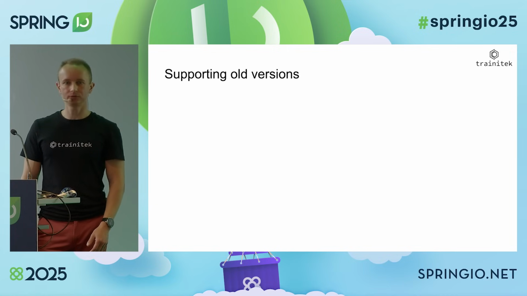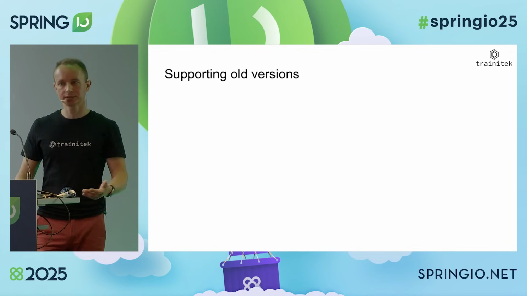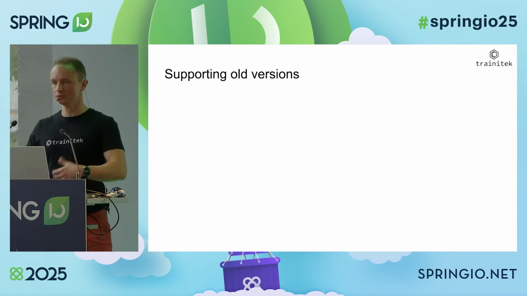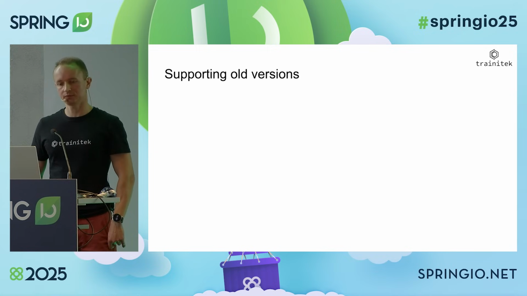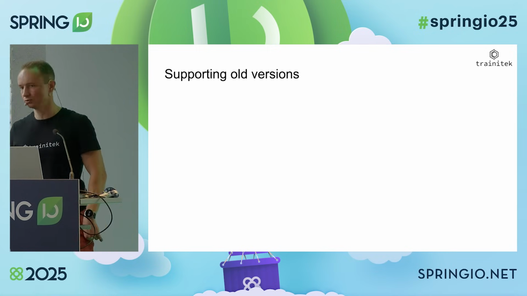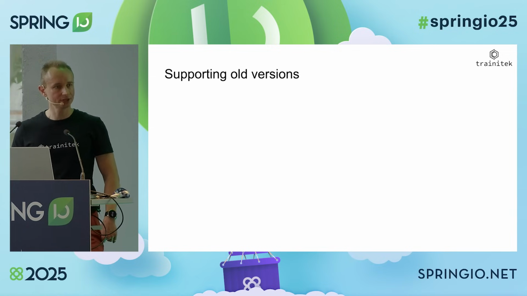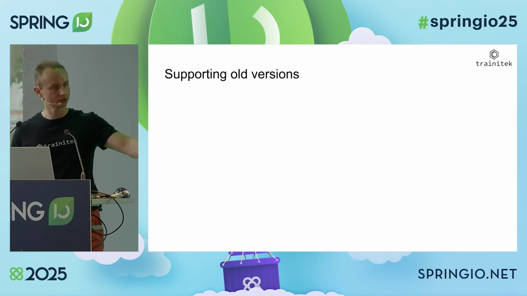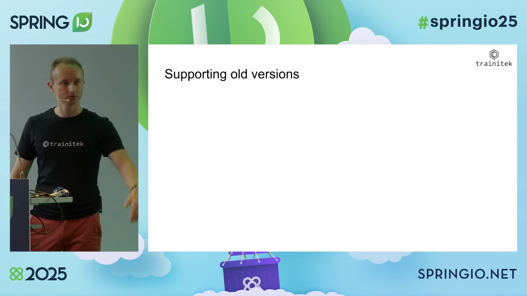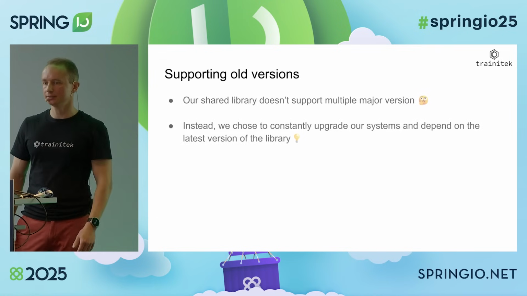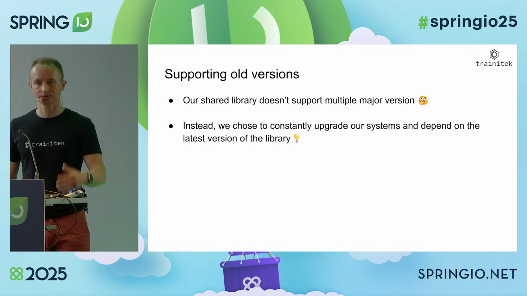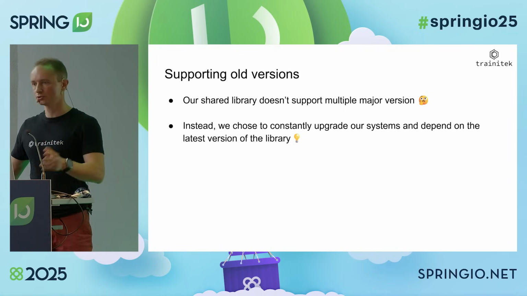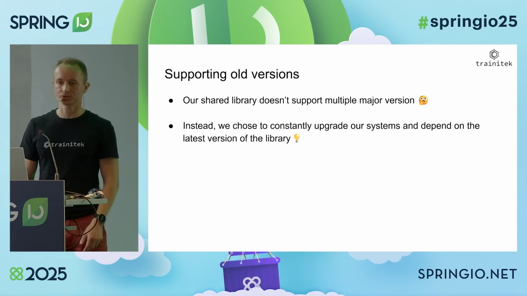Okay, supporting old versions, which can also be a choice for you. So we migrated from one major version to another. Should we create a new branch and support the old version, because some projects are still using that old major version? In our case, the answer was that we don't want it. We just don't want to support multiple versions.